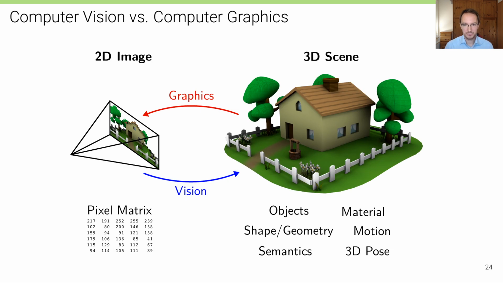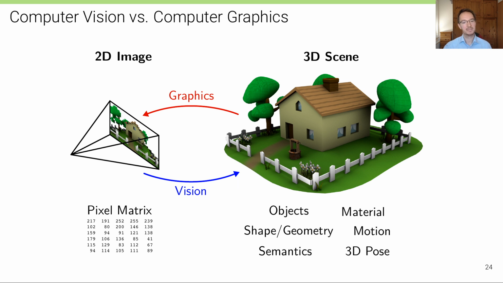Computer vision is also related to computer graphics. In computer graphics, given a 3D scene composed of objects, materials, certain semantics, pose, and motion, we're concerned with rendering a photorealistic 2D image of that scene. Now, in computer vision, we are trying to solve the inverse problem.